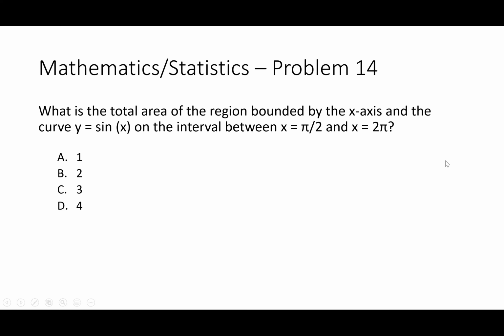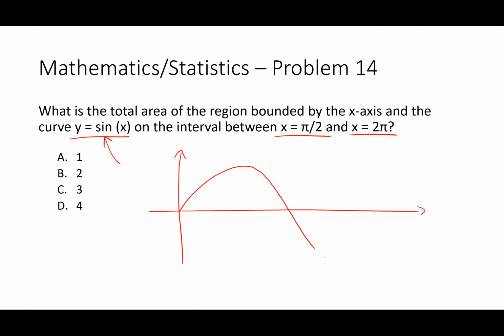Okay. What is the total area of the region bounded by the x-axis and the curve y equals sine of x between this interval? I need a picture. First thing I'm going to do. Plot it.